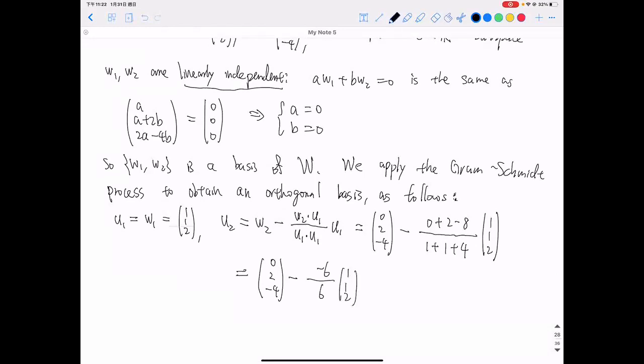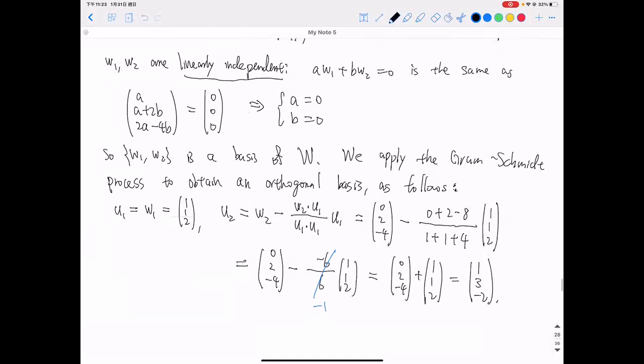So this is just minus 1. So together with a minus in front of it, you get a plus. So you just have this vector plus 1, 1, 2. So that is 1, 3, negative 2.